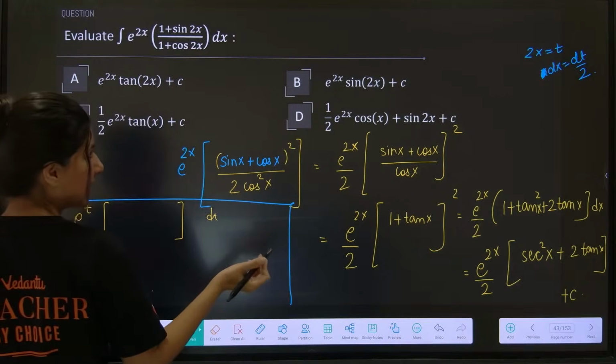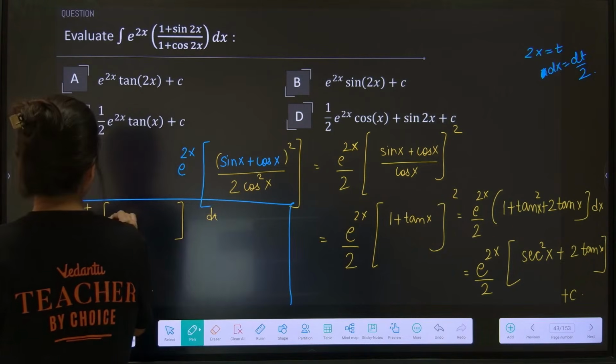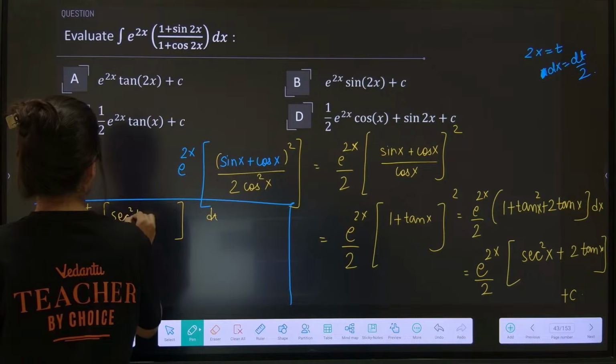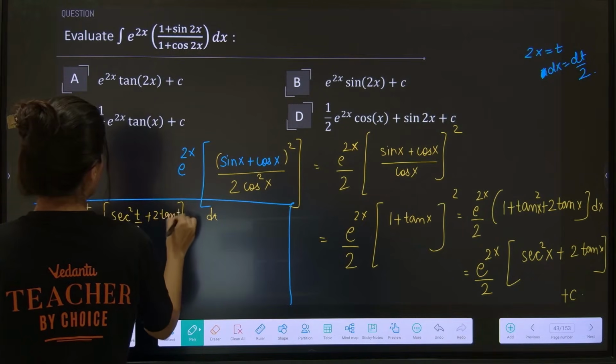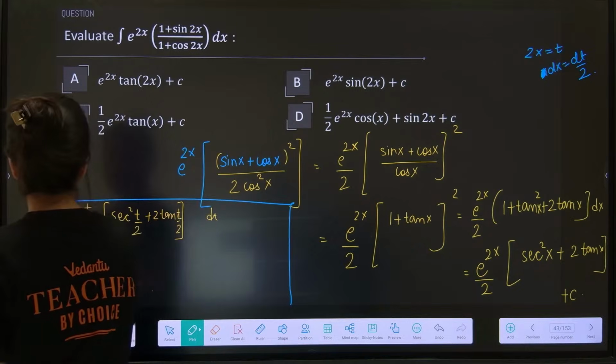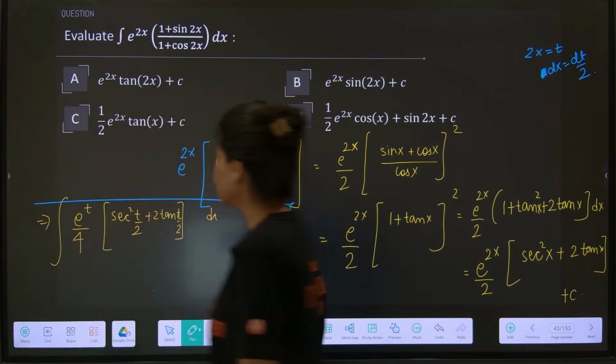Now what about sec square x? It becomes sec square t by 2, and this is 2 tan t by 2. Yes or no?